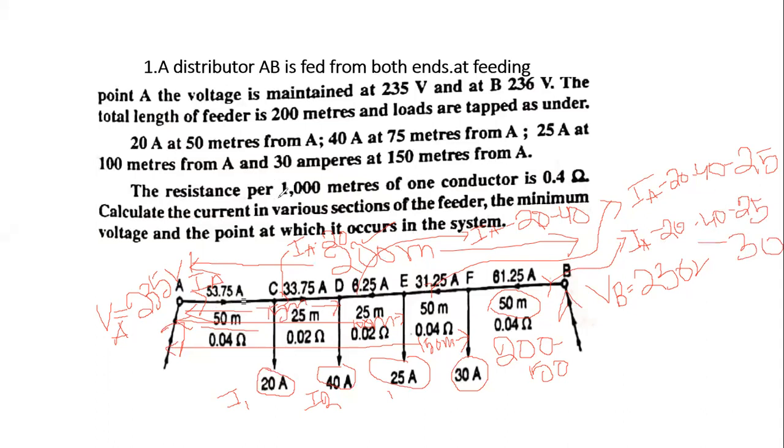The resistance per 1000 meters of one conductor is 0.4. Therefore, 0.4 by 1000 is the resistance per meter; for section AC it is 0.4 by 1000 into the distance 50.